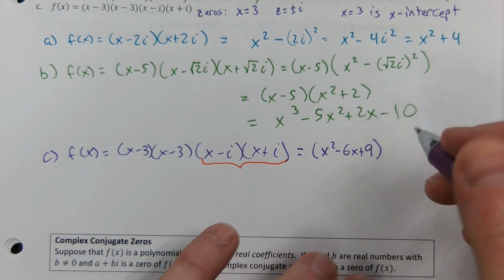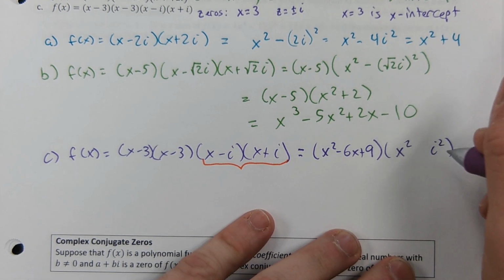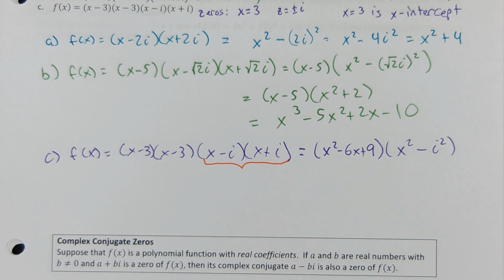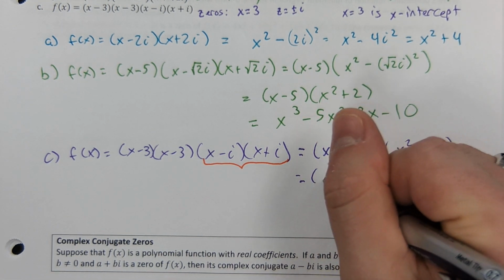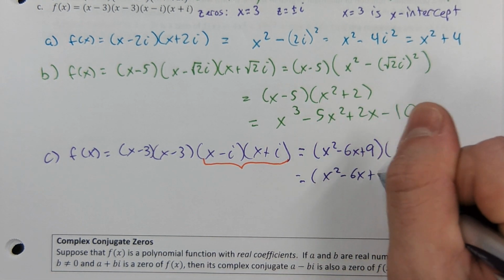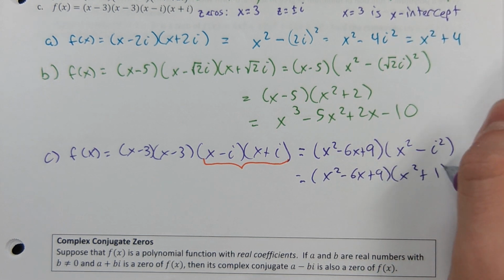This, multiplying conjugates, is going to square the front, square the back, put a minus sign in between. But we've already said multiple times that i squared is negative 1. So what does this actually say? It actually says x squared minus 6x plus 9 times x squared plus 1.